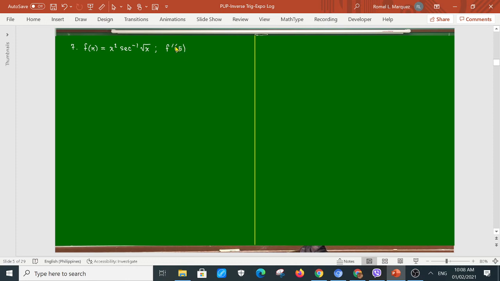Okay, guys? What is the value of the first derivative when x is 5? Okay, first, let's get the first derivative. That is product: the first times the derivative of the second, plus the second times the derivative of the first, that is 2x.